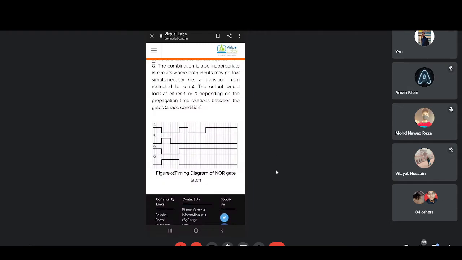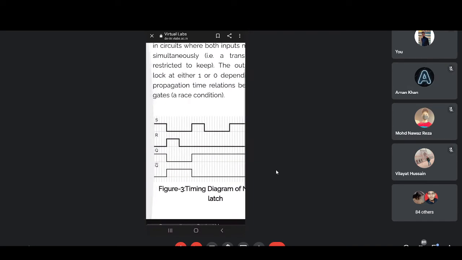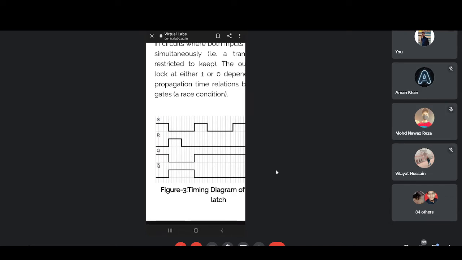Here the representation is shown by digital signal pulses. So here S and R are given. S1, R0, then it goes down. S is 0, R is 1. After that, S is 0, R is 0, and then we have S1, R0.